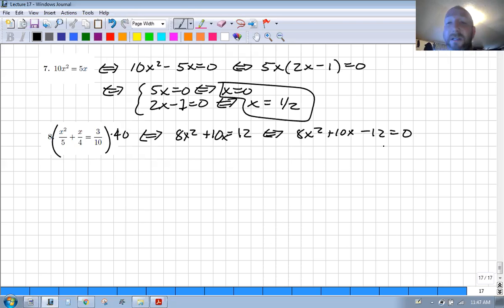Now I have something in standard form and I don't have a bunch of ugly fractions. So now let's use our trick here. A times c. Oh heck, what's 8 times 12? 96. Be a negative 96. Our b here is 10.